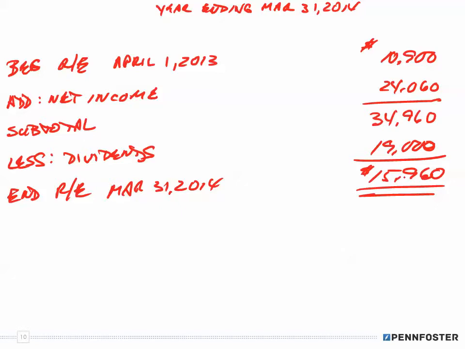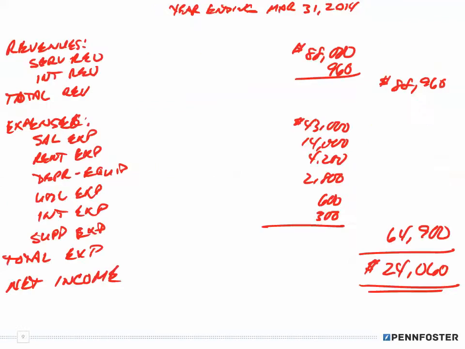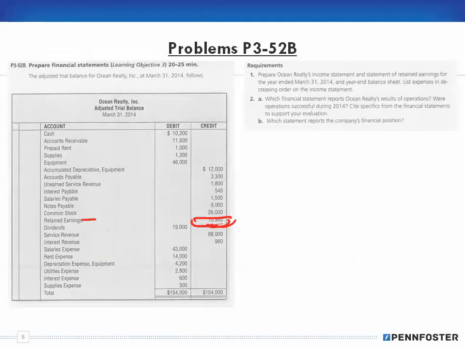So that's our ending balance in our retained earnings. Now when we go to create the balance sheet, we're going to use this ending retained earnings amount on our balance sheet. And notice we haven't made closing entries yet, so our books still look like this.